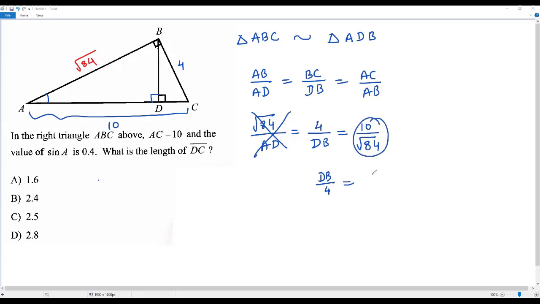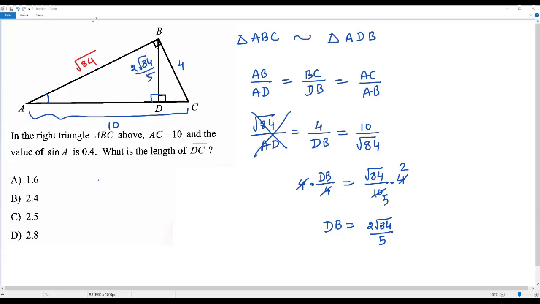On the right side, I'm getting square root of 84 divided by 10. Now let me multiply both sides of this equation by 4. Then 4 will cancel out. Then I'm getting DB equals, 2 goes into 4 two times and 2 goes into 10 five times, 2 times square root of 84 divided by 5. I got the length of this line segment BD, that is 2 times square root of 84 divided by 5.